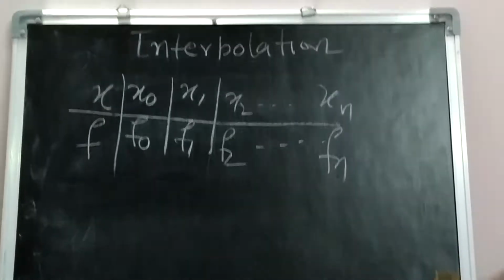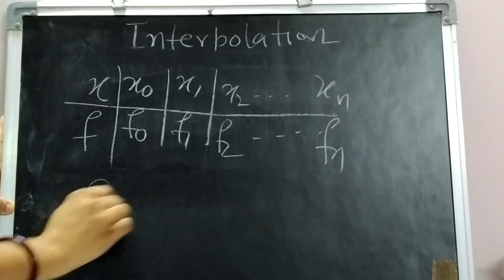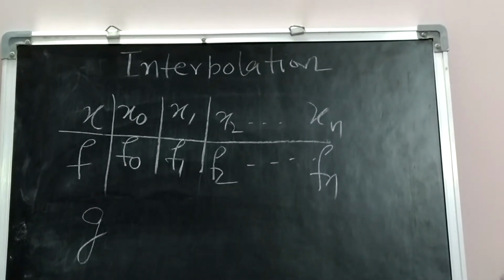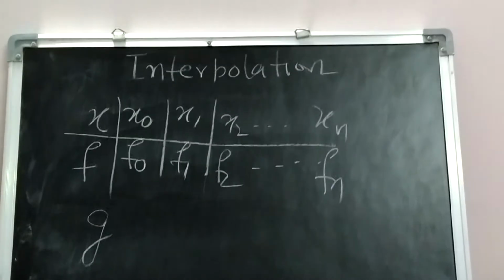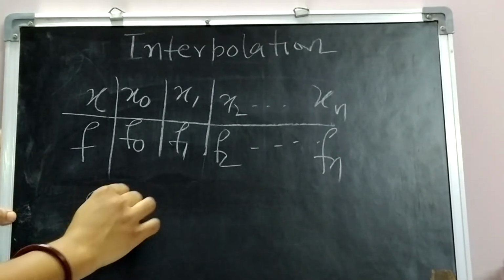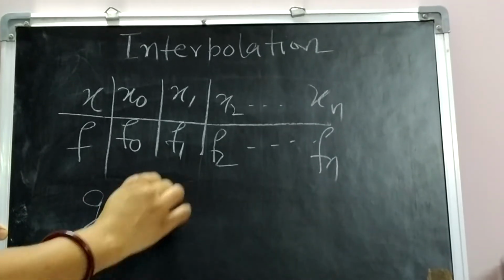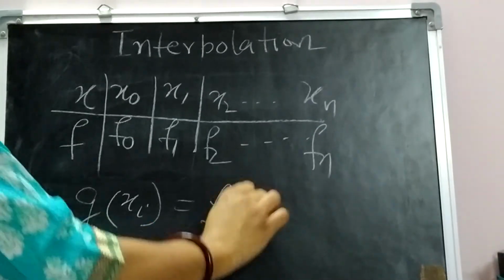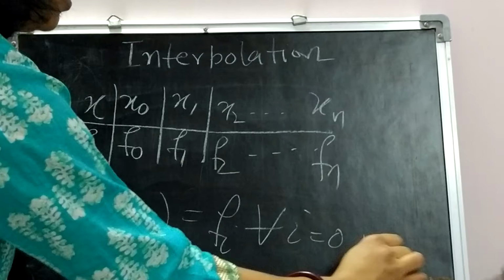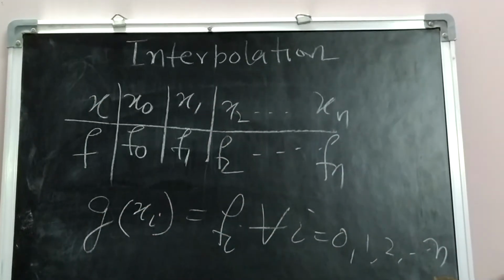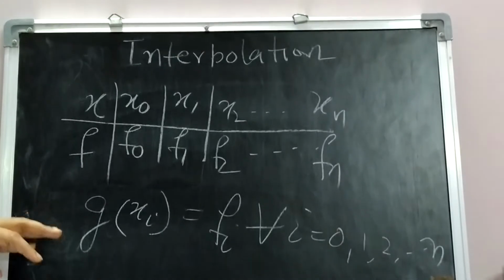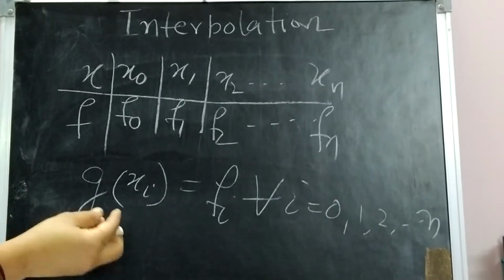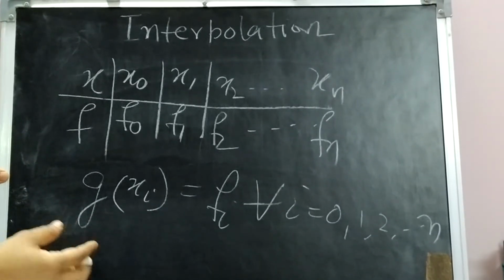Now in interpolation, the function g which we are going to determine, which will reflect this data, must be determined in such a way that g at xi is equal to fi, and this should be true for all i equal to 0, 1, 2, up to n. In interpolation some error will be there, but we try to minimize it, and the error is distributed in a local fashion.